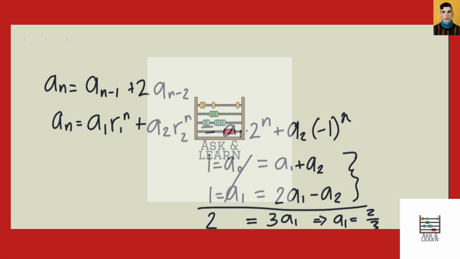And then we can go back to one of these formulas, say 1 is equal to alpha_1 plus alpha_2, and put in the value for alpha_1. So 1 is equal to 2/3 plus alpha_2, which means that alpha_2 is equal to 1/3.